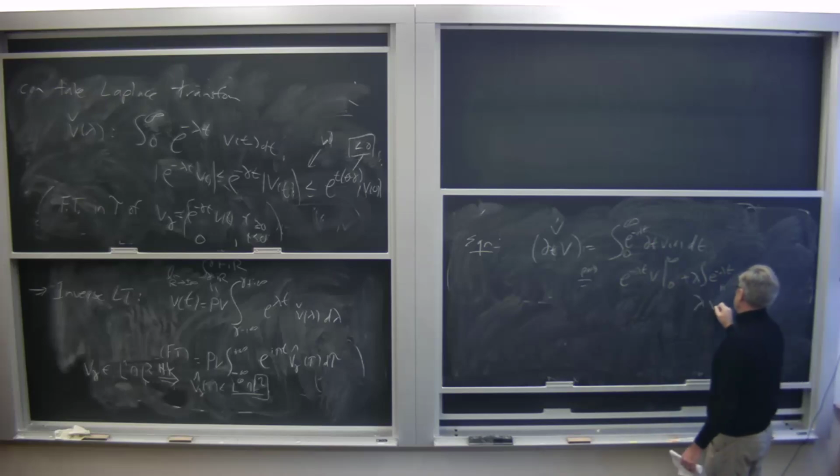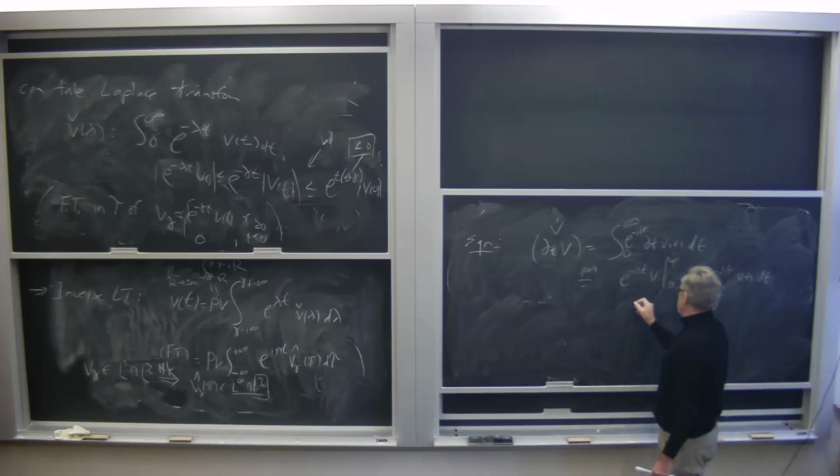This is lambda v check, and this vanishes at the upper end, and at the lower end, this becomes 1. So this is just minus v of 0.